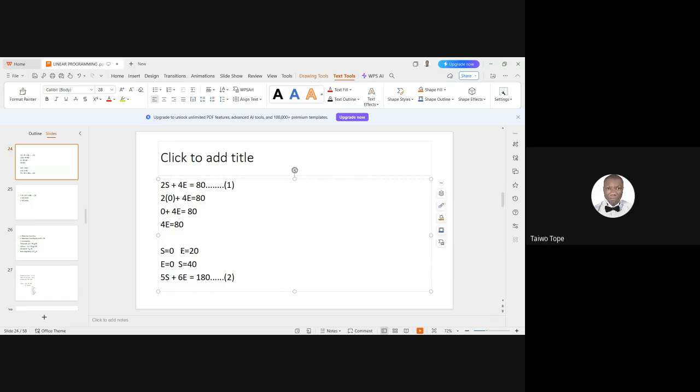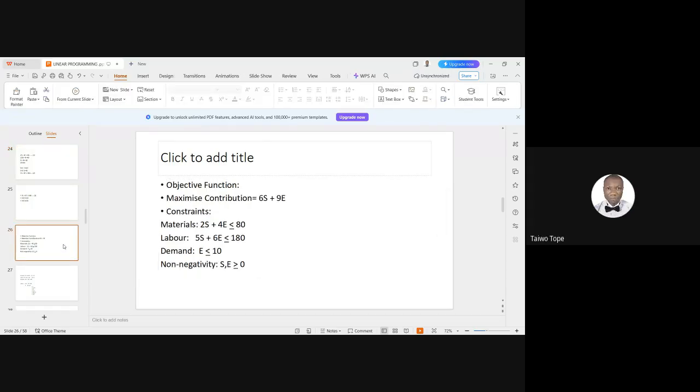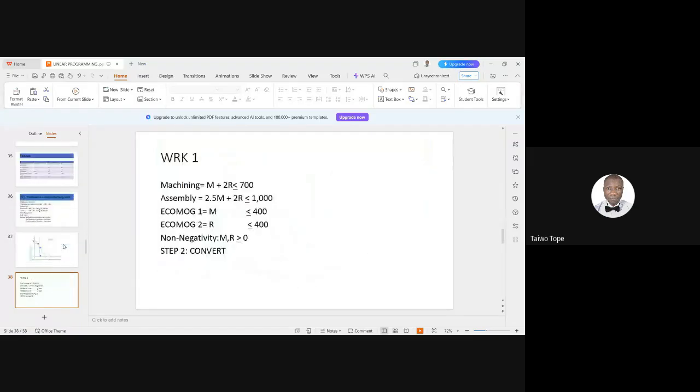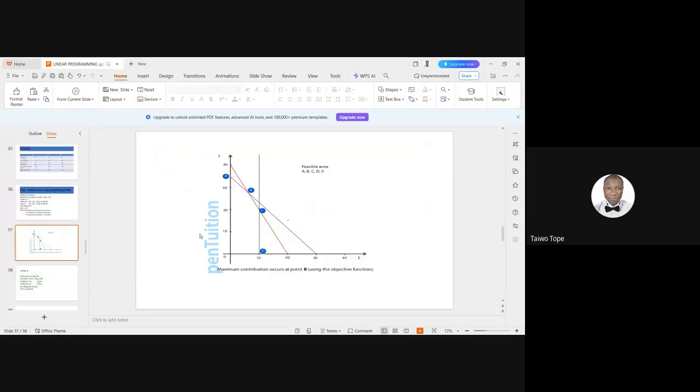When E is 0, X will be 40. So on the graph, let me go back to the graph. When E is 20, S should be 40. So you put your asterisk here, and you connect the two points.